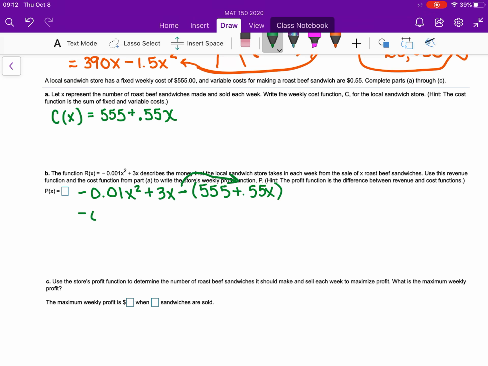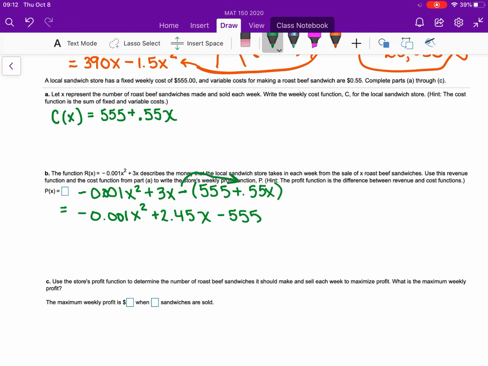All right, so I'm left with negative 0.01 x squared plus 2.45x minus 555. That is my profit statement. I got 2.45 by doing 3 minus 0.55.